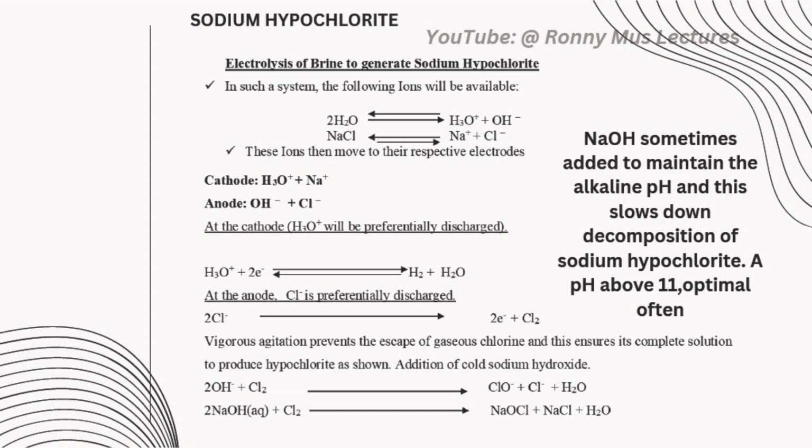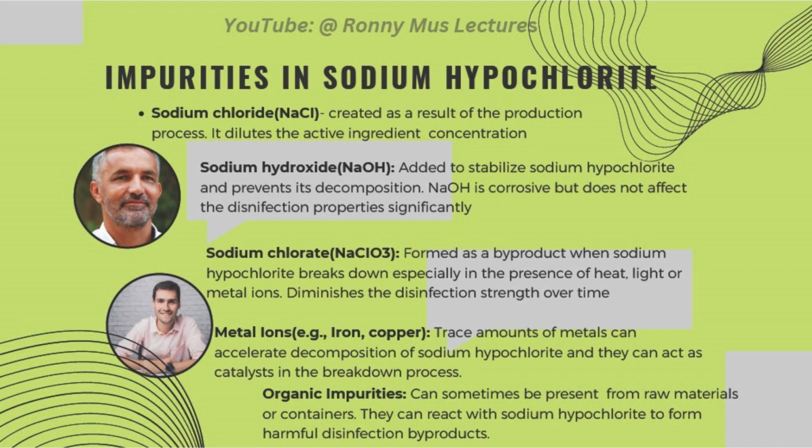So the possible contaminant of this sodium hypochlorite is what? Sodium chloride. We look at the other possible contaminants. So the impurities that you can find in sodium hypochlorite include sodium chloride, which is created as a result of the production process. Then you have sodium hydroxide, which can be added to stabilize sodium hypochlorite and prevent its decomposition.